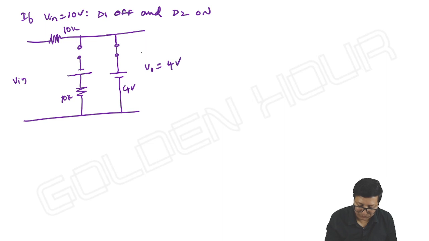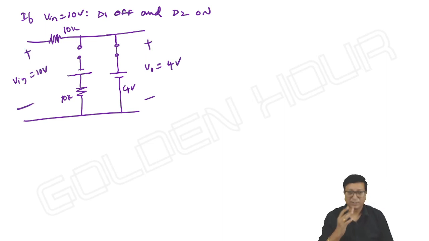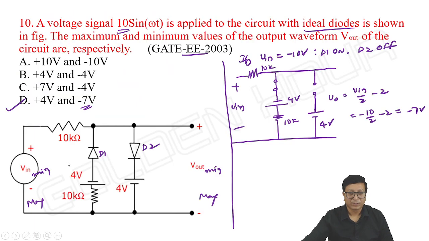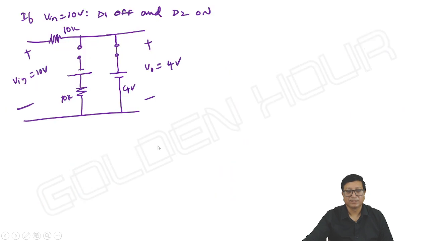What is output? 4 volts. Input may be 10 volts, doesn't matter. So output maximum is 4. We are getting it. So that's it. It's a simple thing.